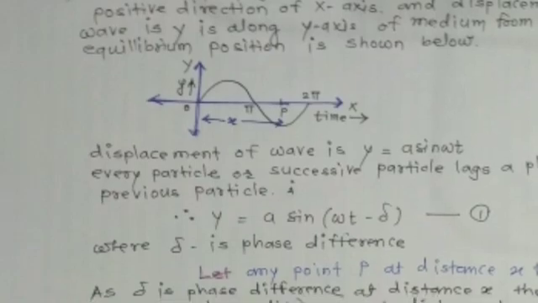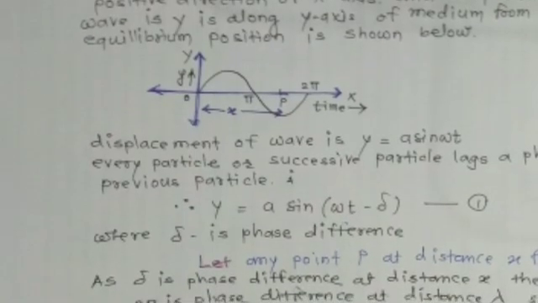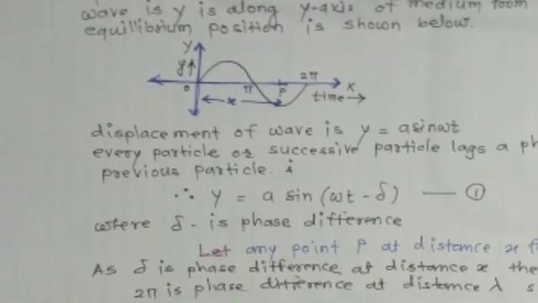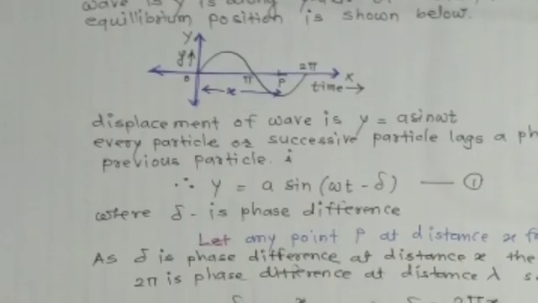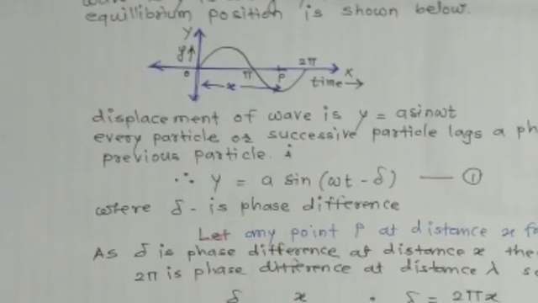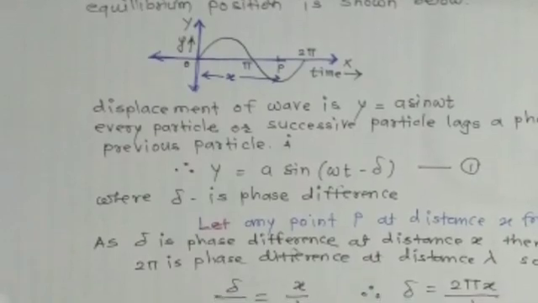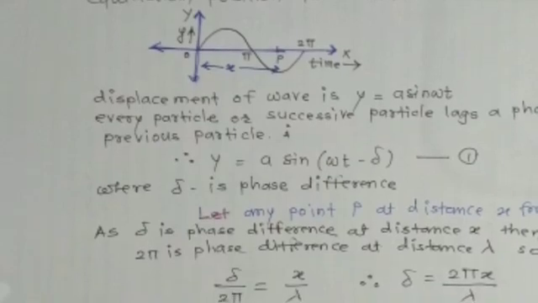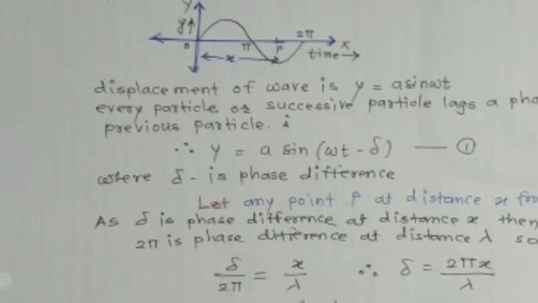In this figure, the displacement of the wave is y, which is equal to a sin omega t. Every particle, or successive particle, lags a phase behind the previous particle. Therefore, y equals a sin(omega t minus delta), where delta is the phase difference.